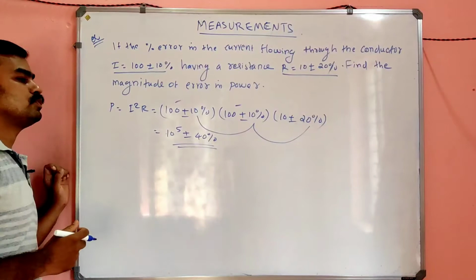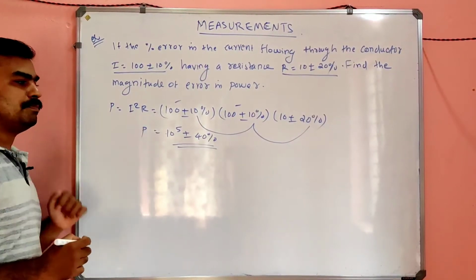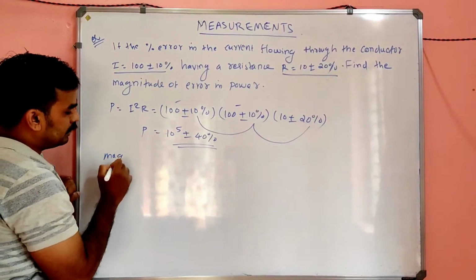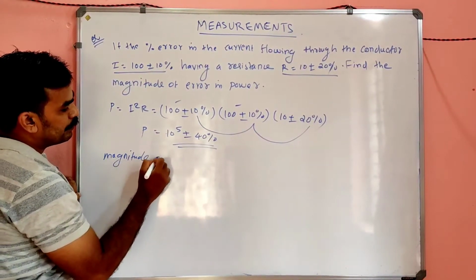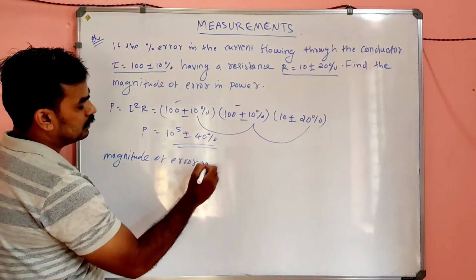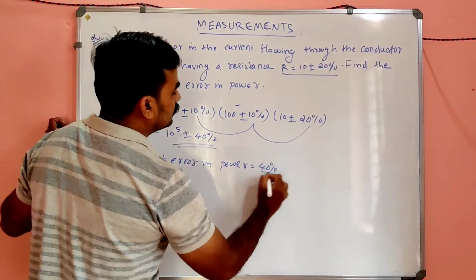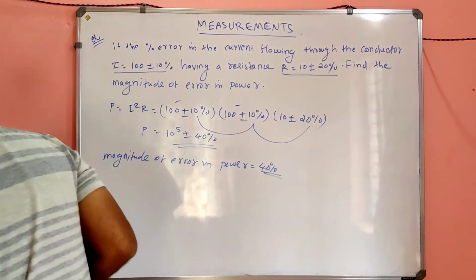So 10 raised to 5 plus or minus 40% is the power. So the magnitude of error in power will be equal to what? 40%. So that is the answer.